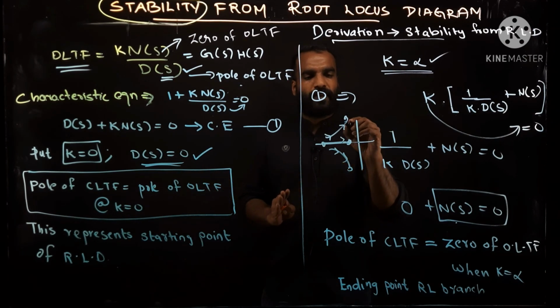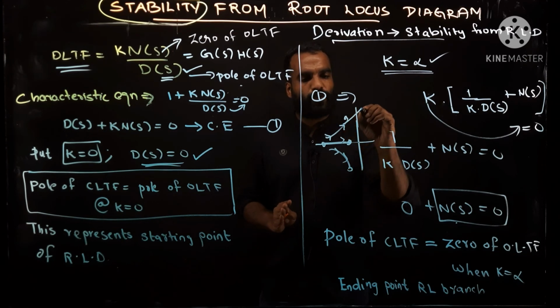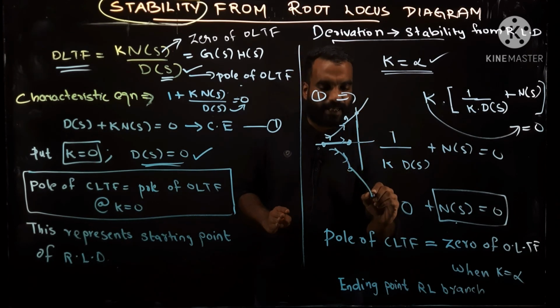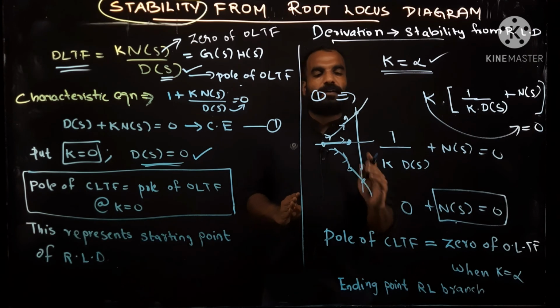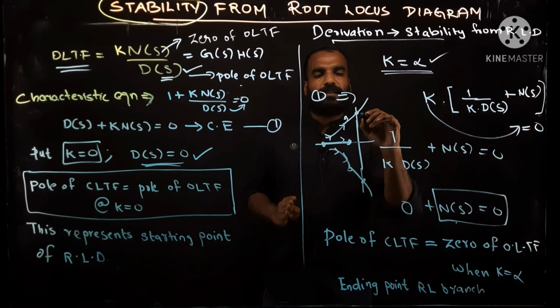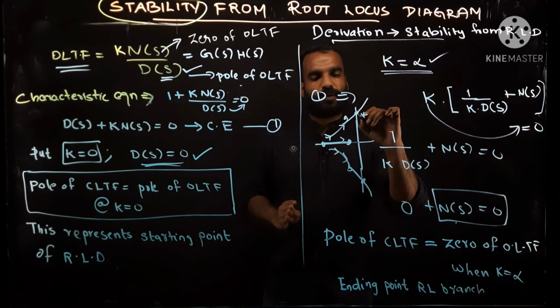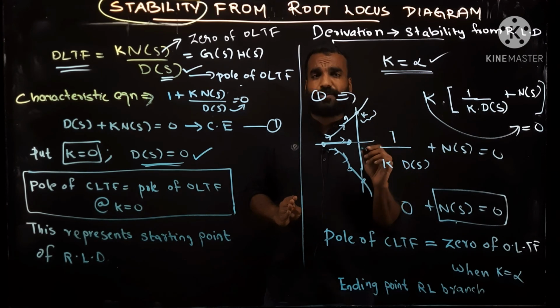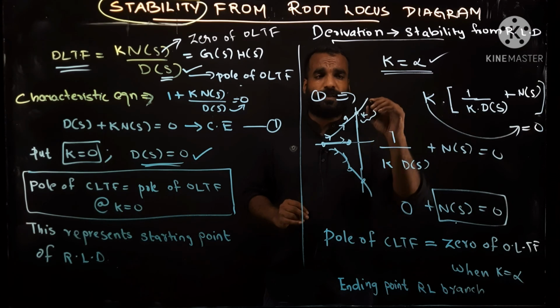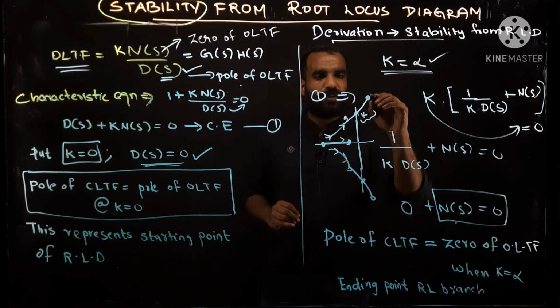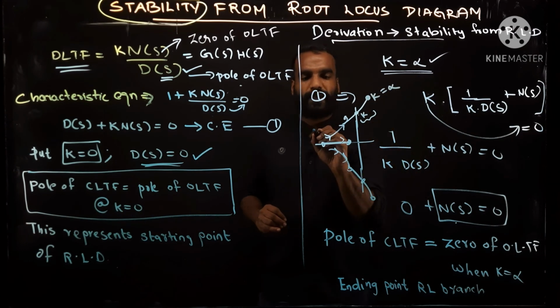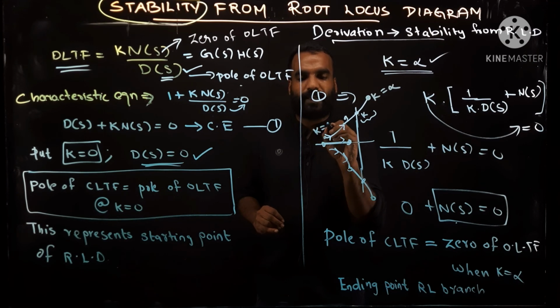is stable. If this is moving towards the right and crossing the imaginary axis, then the values of K in this region on the right side show that the root locus diagram is unstable. If this is the ending point, this is K equal to infinity, and if this is the starting point, this is K equal to 0.